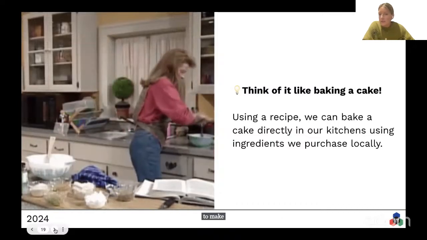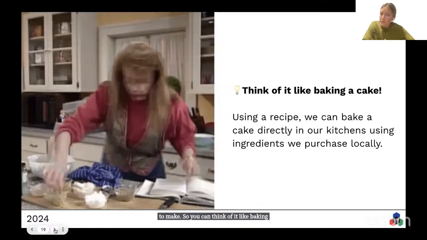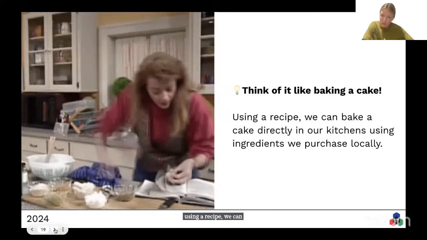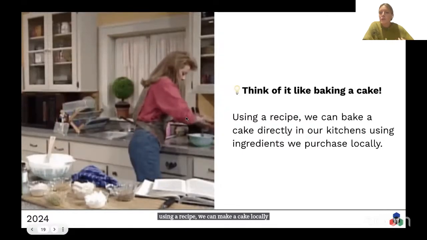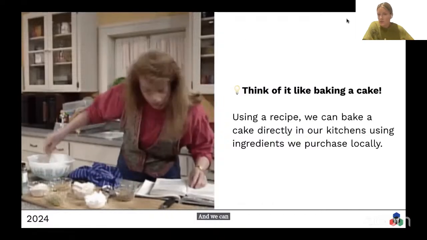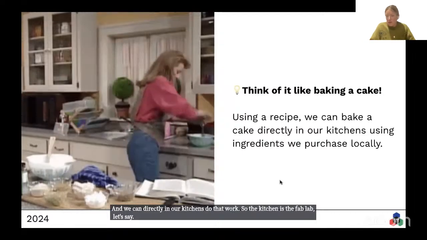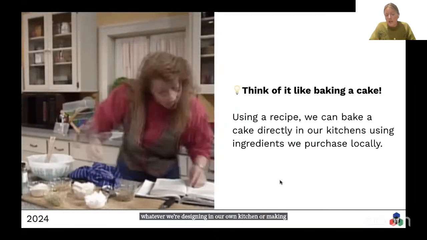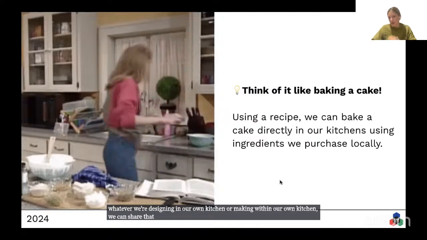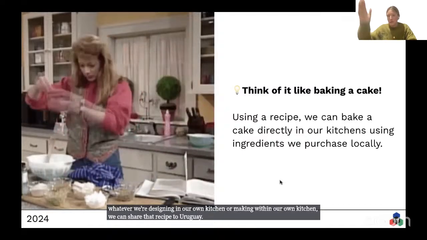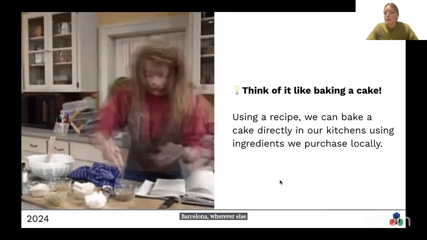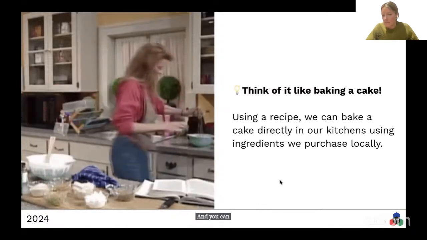So you can think of it like baking. Using a recipe, we can make a cake locally, and we can directly, in our kitchens, do that work. So the kitchen is the fab lab, let's say. Whatever we're designing in our own kitchen or making within our own kitchen, we can share that recipe to Uruguay, Netherlands, Barcelona, wherever else, and you can make the same cake.